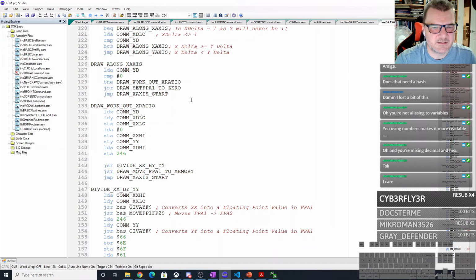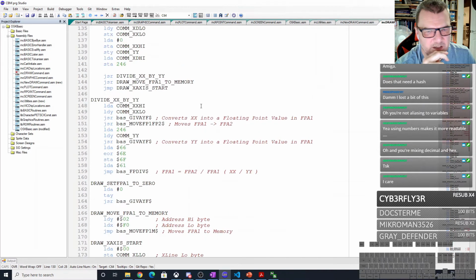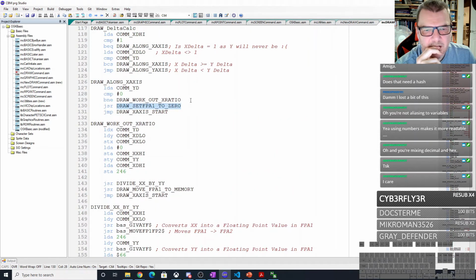It doesn't matter now, comparing with 0, it doesn't really matter anymore. Set floating point to 0. Yeah, well, we don't need to do that anymore. Yeah, we don't need to do that anymore. Start drawing, start x-axis drawing.